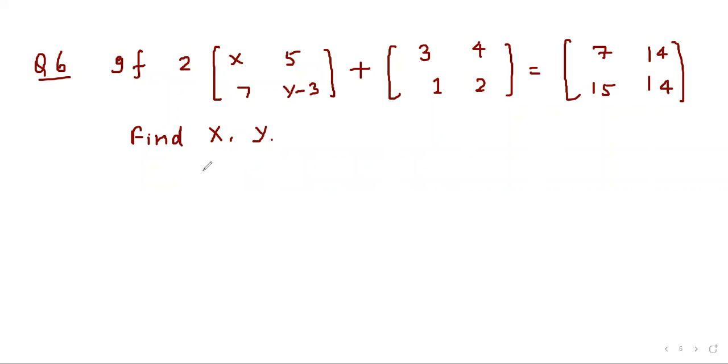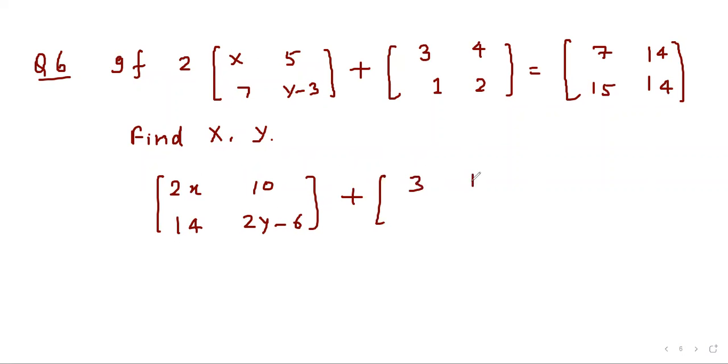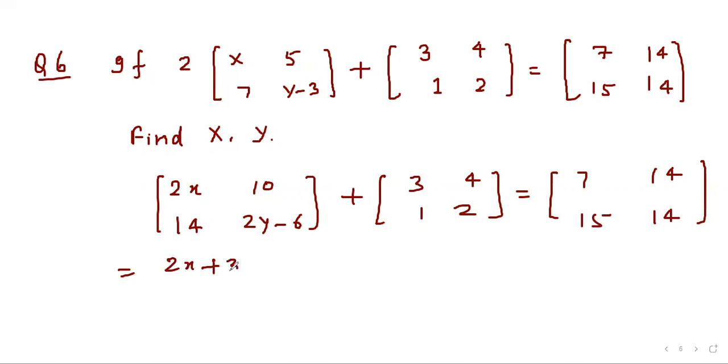So it will become 2x, 14, 10, 2y minus 6, plus [3, 4; 1, 2] equal to [7, 14; 14, 15]. So it will become 2x plus 3. This is 14.